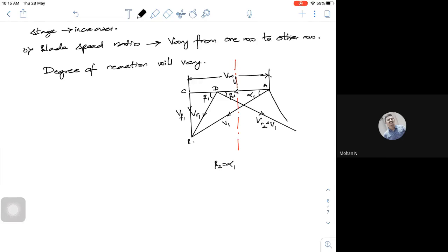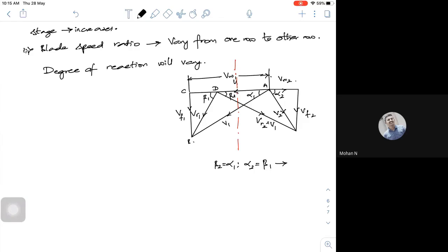If I am able to ensure that beta 2 is equal to alpha 1, then if I try to close my triangle like this, so this is my V2, VF2 and VW2, my alpha 2 automatically becomes equal to your beta 1. So under this condition, what will happen?